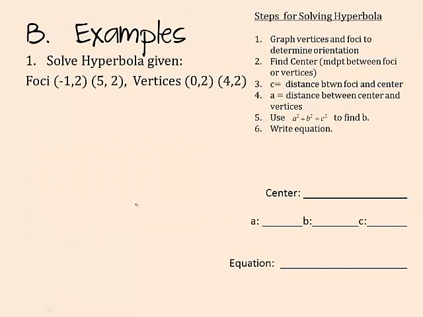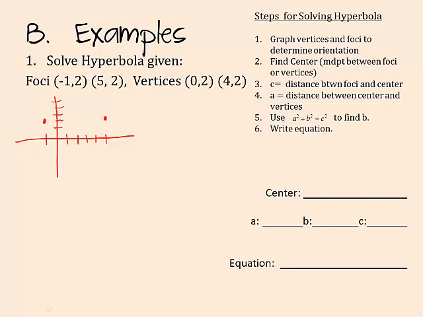Let's try this. All right? Solve this hyperbola given foci and vertices. So the first thing I want you to do is to graph this. So my foci are here at -1, 2 and here at 5, 2.